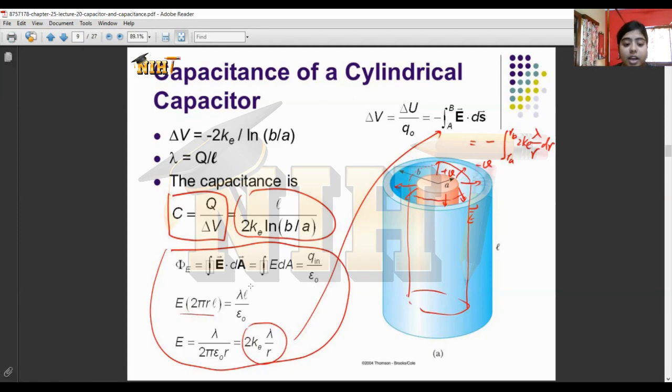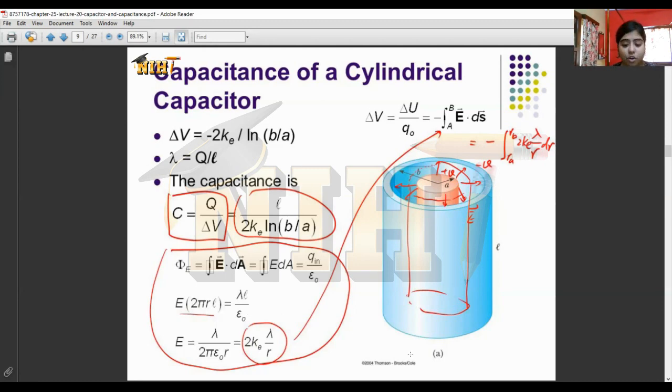So what is the area? The surface area of the cylinder is 2 pi r L. So E into 2 pi r L, the surface area of the Gaussian surface, equals the enclosed charge Q in divided by epsilon naught. Q inside is lambda into L, because here we have considered line charge density. Lambda is the line charge density multiplied by the finite length of the cylinder. So lambda L is the total charge inside the Gaussian surface.